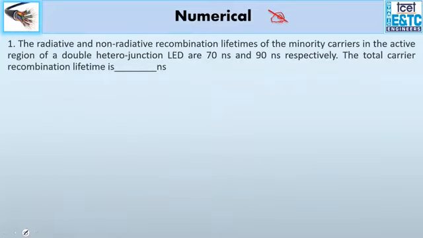Next problem. For a double heterojunction LED, your tau R and tau NR are given as 70 and 90. You have to find out tau.